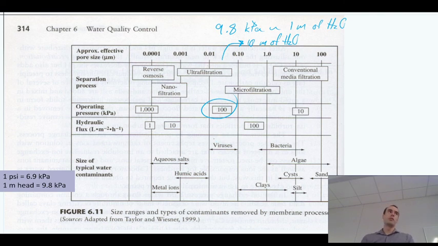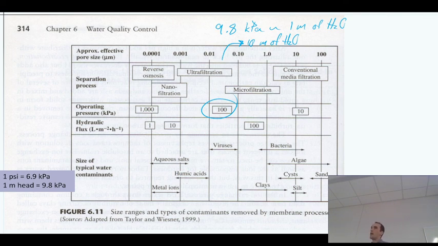Now, maybe there's still some concerns. You could still have heavy metals that you're worried about in particular areas. Definitely not going to do anything for that. If you did want a membrane to do that, you'd be looking at thousands of kilopascals required, and your hydraulic flux went from close to 100 liters per square meter of membrane per hour, down to between 1 and 10, once you're down to the nanofiltration sort of stuff.